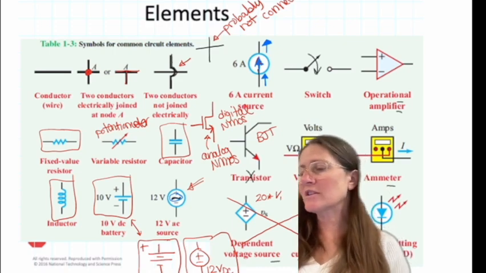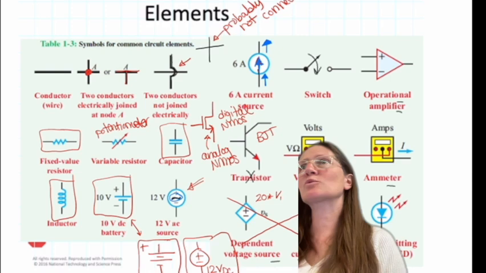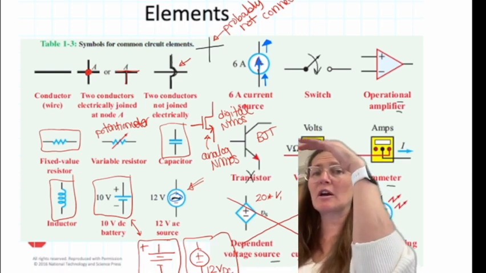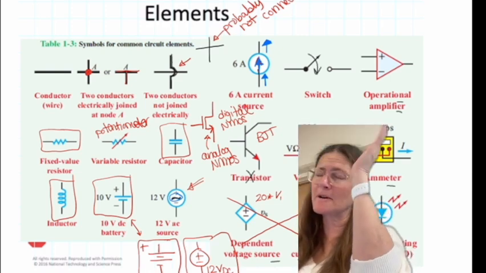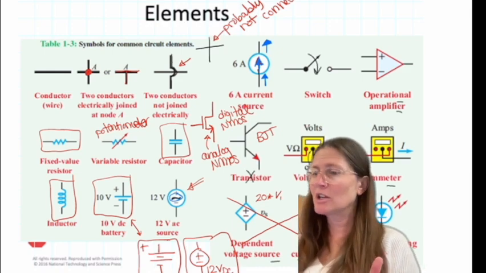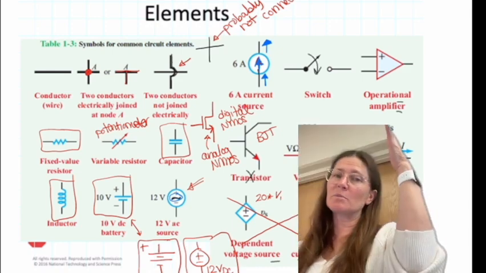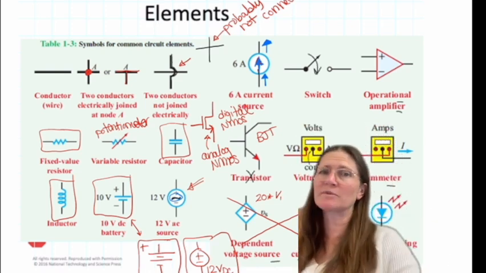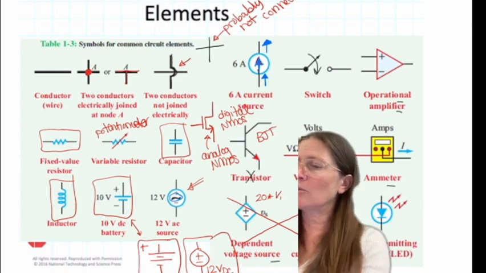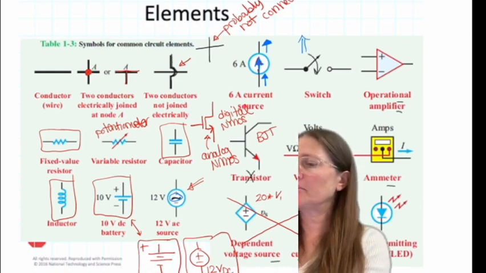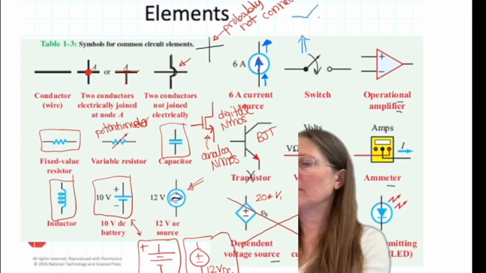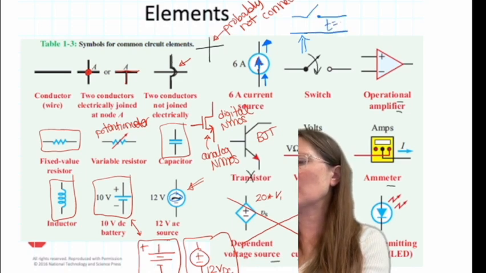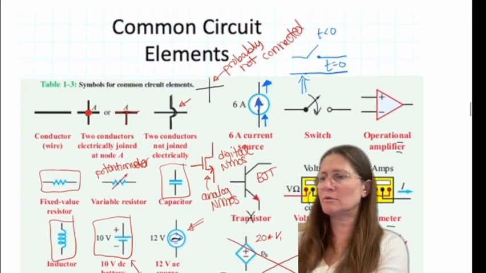You're also going to see these switches. The switch means that before the time frame of 0, in this case, it would be disconnected first, and then at time equals 0, it becomes connected. So there is a full break for time less than 0, and then at time equals 0, it would be a straight wire.